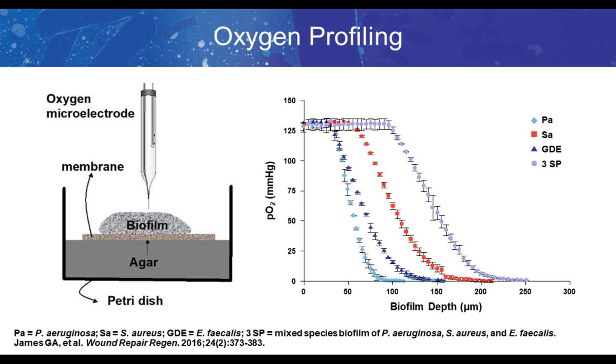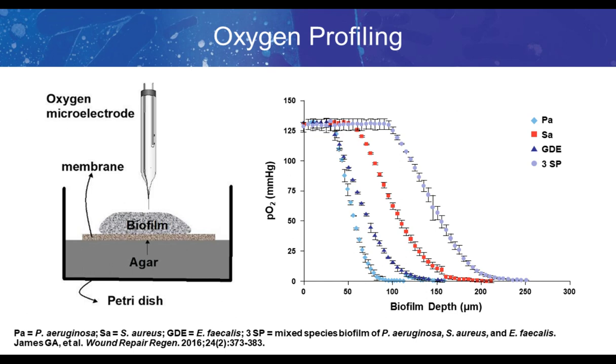And this has important implications for biofilm growing within a wound in that oxygen is required for every stage of wound healing. And if bacteria are consuming a lot of oxygen, regardless of what bacteria it is, this could impair wound healing.